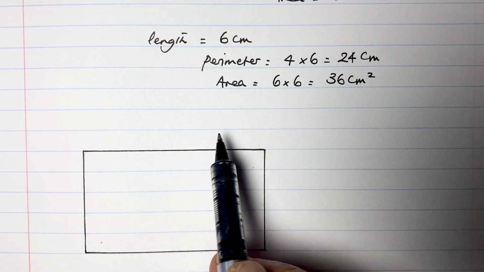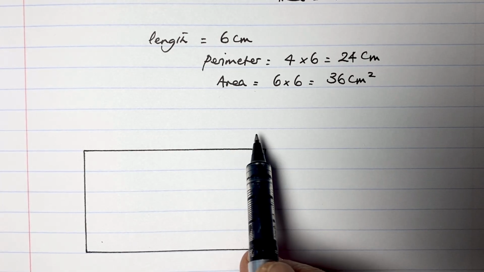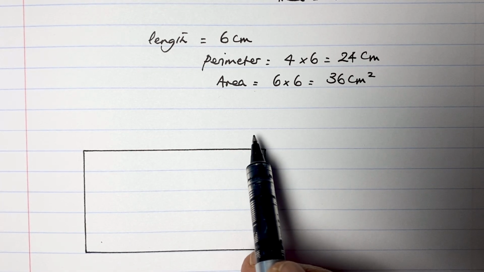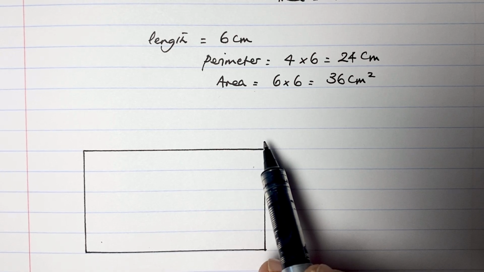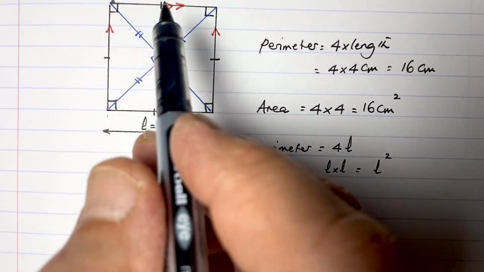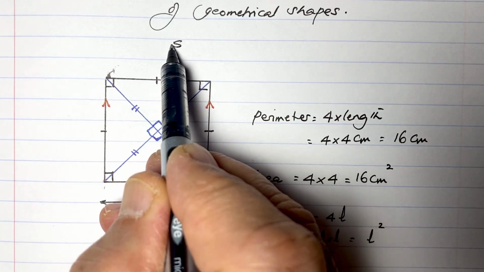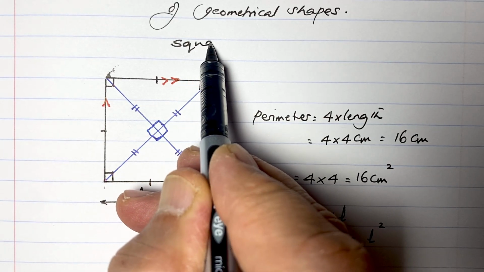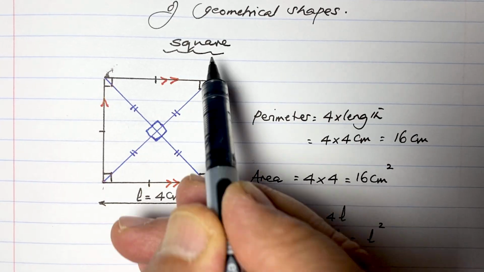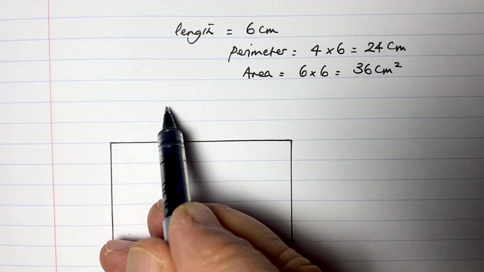Now we're going to look at the properties, perimeter, and area of a rectangle. I forgot to label this one as a square. Now this would be a rectangle.